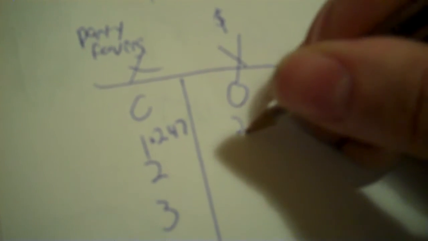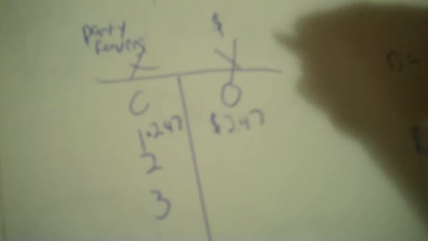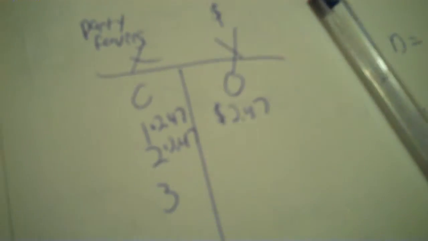So 0 party favors would be $0. Now if I buy 1 party favor, it costs 2.47. So put times 2.47. And that's $2.47. If you buy 2 party favors, that's 2 times 2.47.